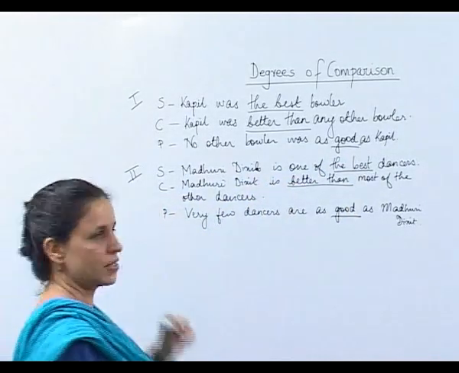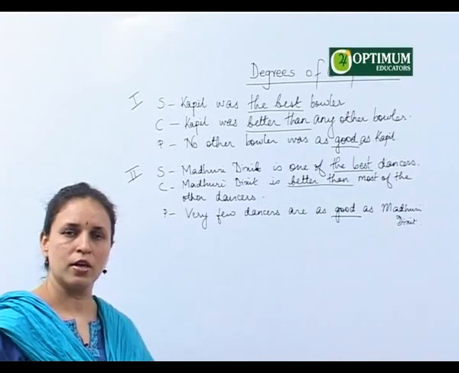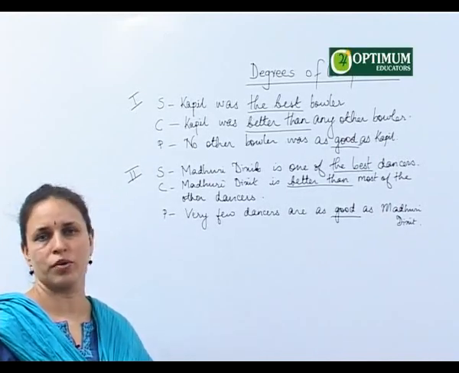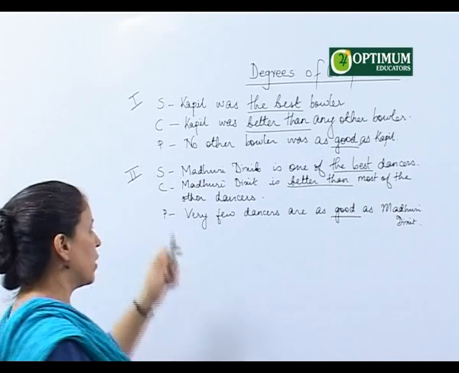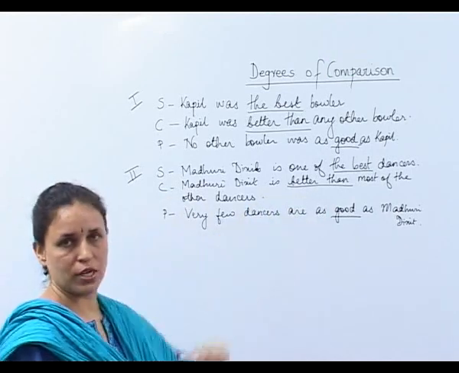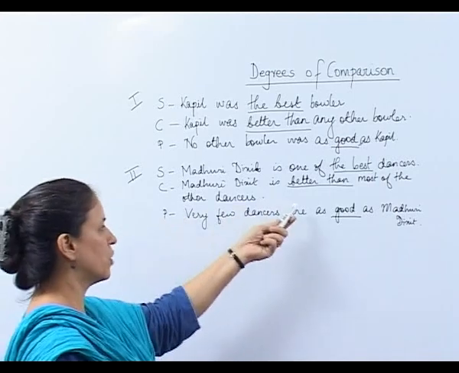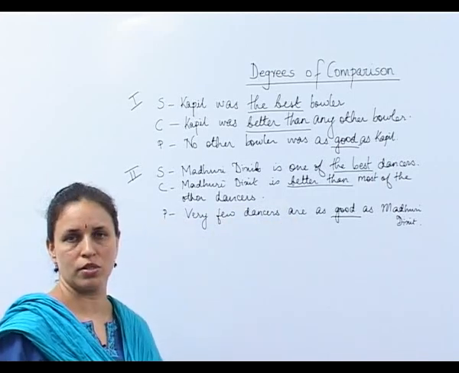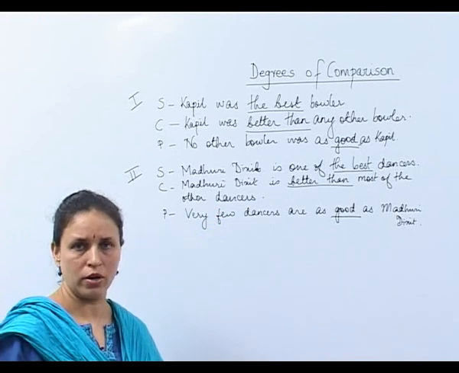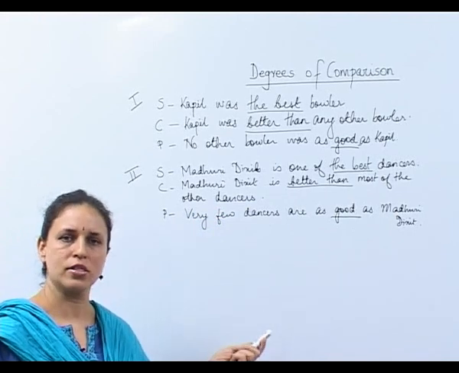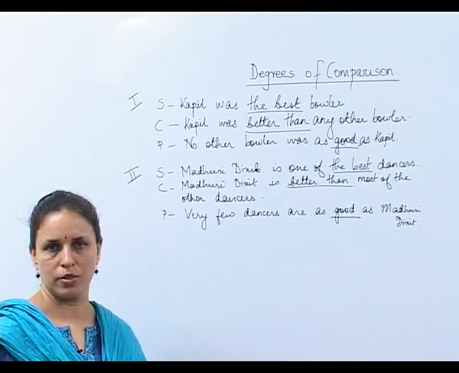Okay, the second style. If I say Bangladesh is one of the poorest countries, I'm not saying it is the poorest. So Bangladesh is poorer than most of the other countries. And there are other countries also that are as poor as Bangladesh is.